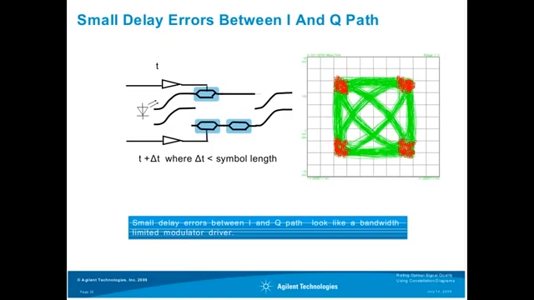The small delay between these two channels looks like a bandwidth limited modulator driver. So the question is, what is the root cause of this, or why does this look like a bandwidth limited signal?